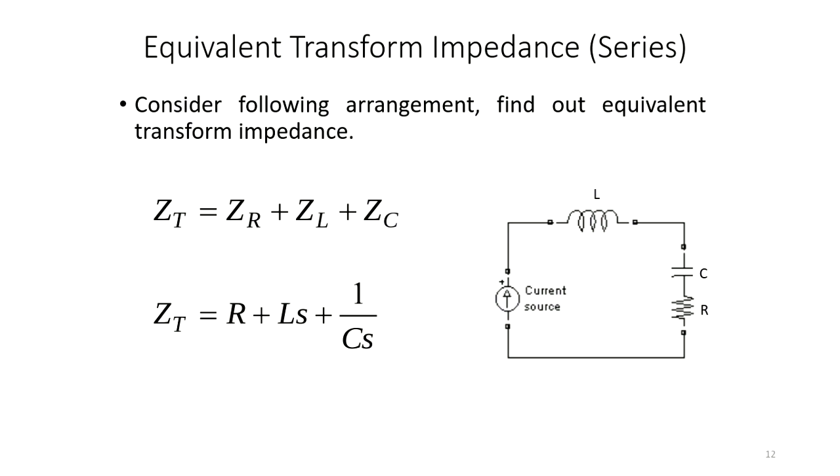So we've looked at the transform impedances, and we know that for the resistor, inductor, and capacitor, it is R, Ls and 1 over C times S respectively, as shown in the slide.